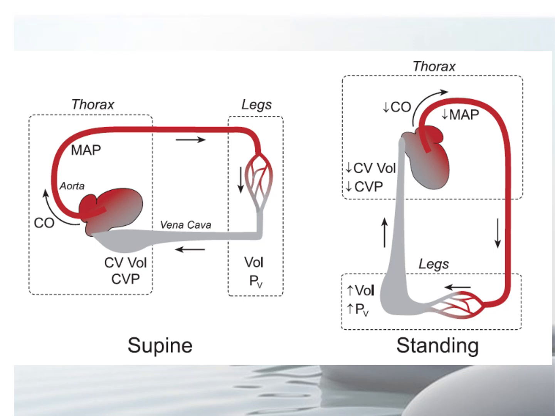You can also see how lying down causes that volume to shift in closer proximity to the heart and the central circulation, which can, for a lot of people, create a better blood pressure. This picture helps you understand how we can recruit that volume back into central circulation and create an increase in cardiac output.